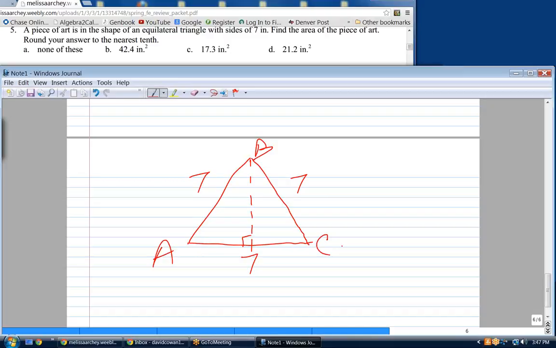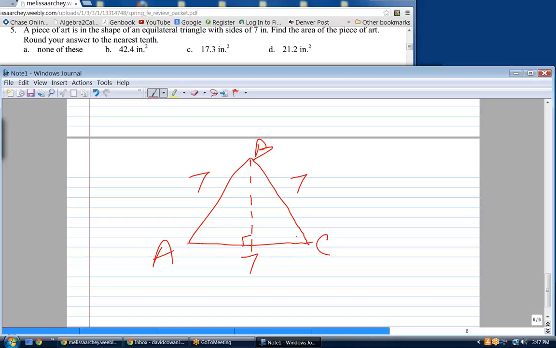Because it's an equilateral triangle, all three angles are equal. Oh, so then 45? No. A is equal to C is equal to B. What do they all three have to total? 90? What are the angles in a triangle total? 180? Okay.